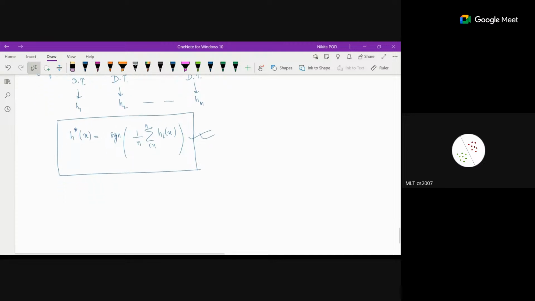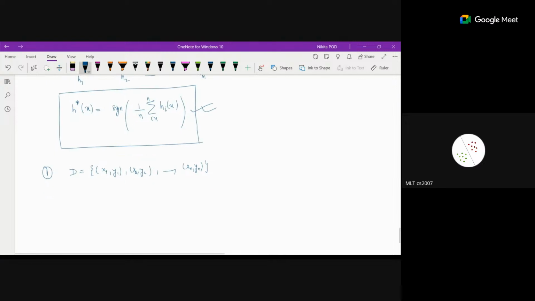One very simple way to do it: since I have one data set with me, my data set is going to look like x1, y1, x2, y2, and so on till xn, yn.